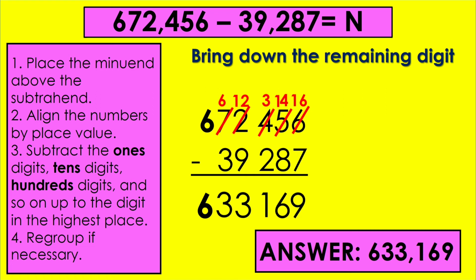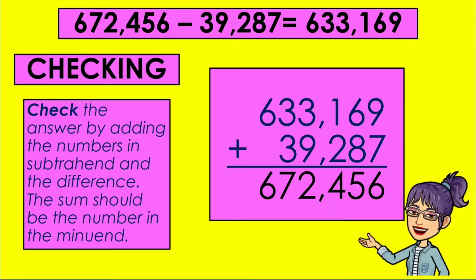Always check your answer using addition. Add the difference and the subtrahend. And the answer to that must be the minuend. Here in our checking, we can conclude that the answer is correct since we have the same minuend as the given equation. Now let's proceed to our next example.